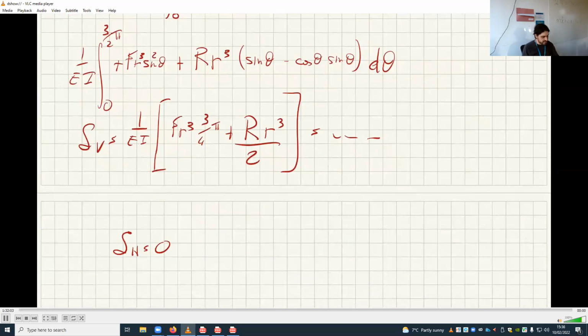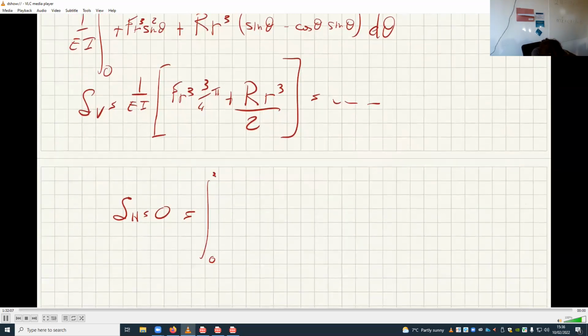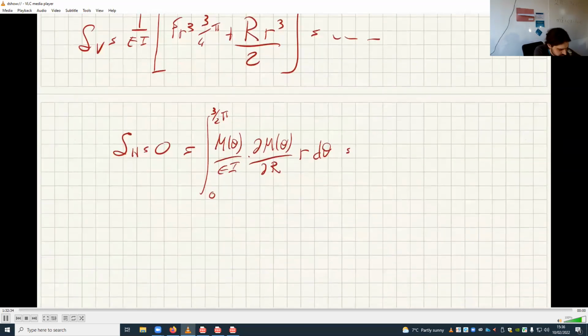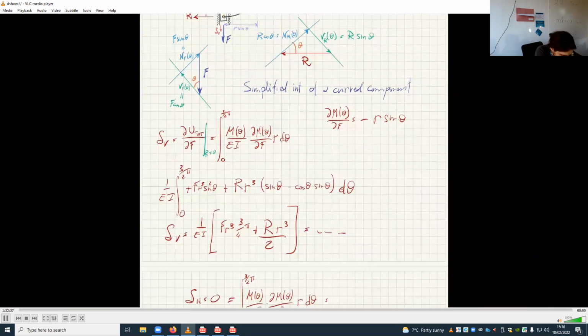Delta H is equal to 0, but delta H is also equal to the integral between 0 and 3/2 of pi of m of theta over EI times dm of theta in dR, which is r d theta, which is equal to, now let me do this thing all over again.